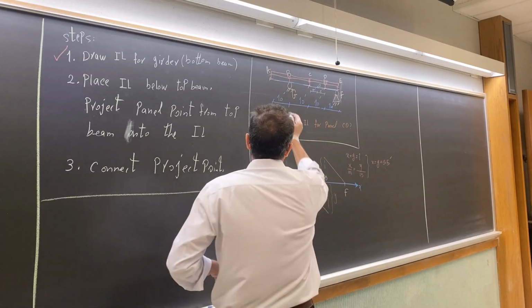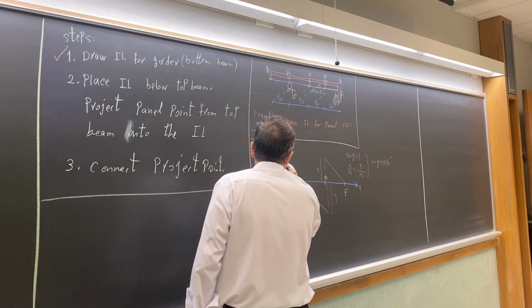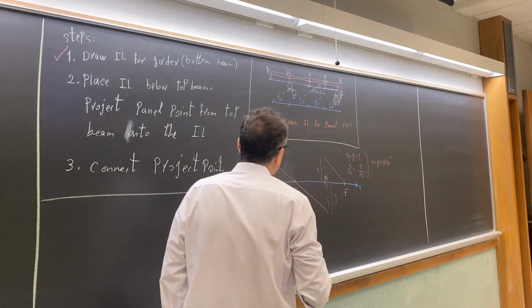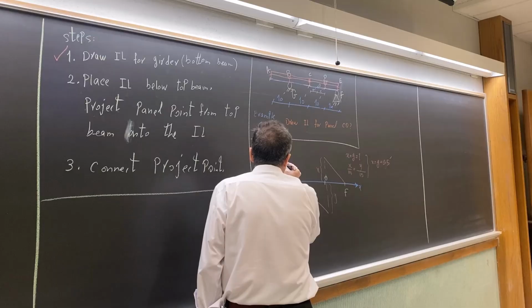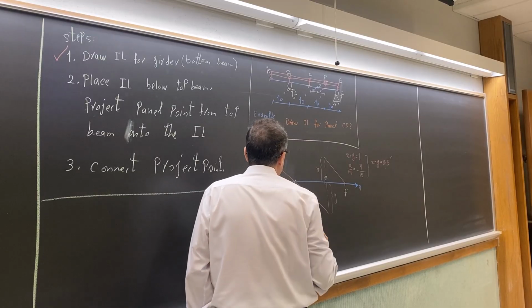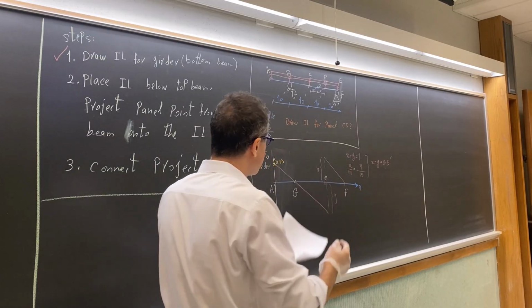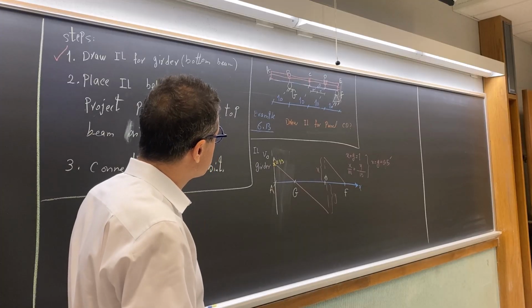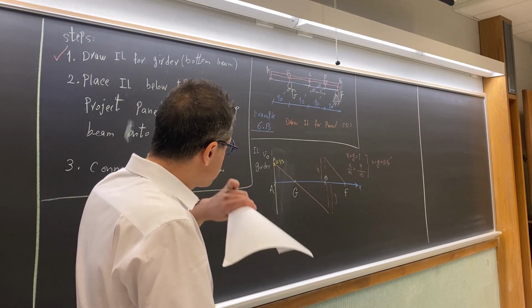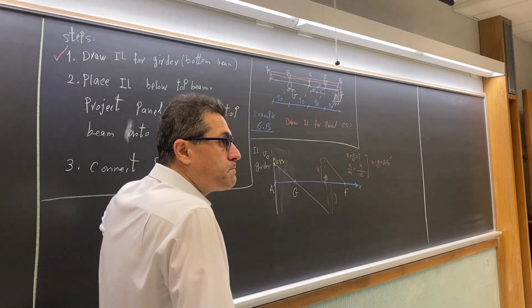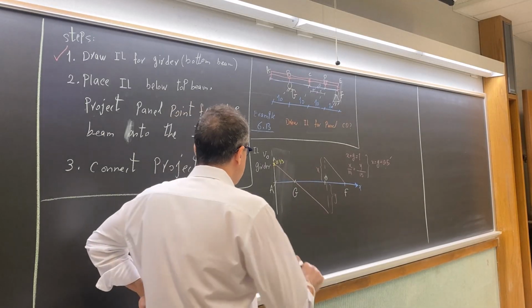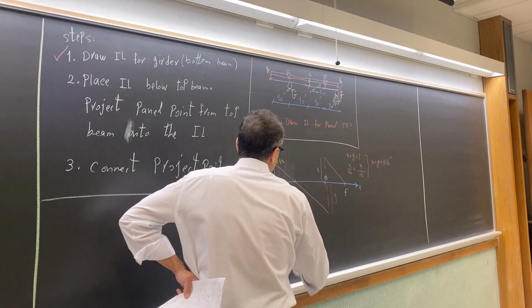So if you project the point, the ordinate of the influence line is 0.33. Because you already drew this influence line. So this one from here to here is 0.33.